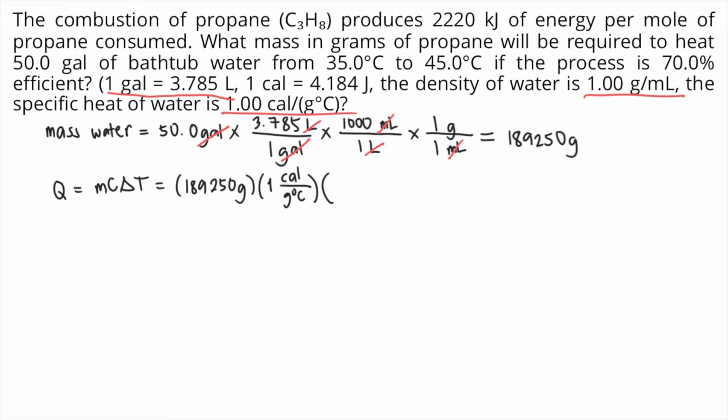So remember, change in temperature is final temperature minus initial temperature. Our final temperature is 45, our initial temperature is 35 degrees Celsius. So 45 minus 35, that's 10 degrees Celsius. If you solve this, 189,250 times 1 times 10 is equal to 1,892,500.